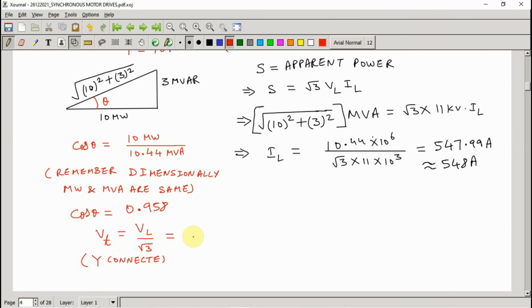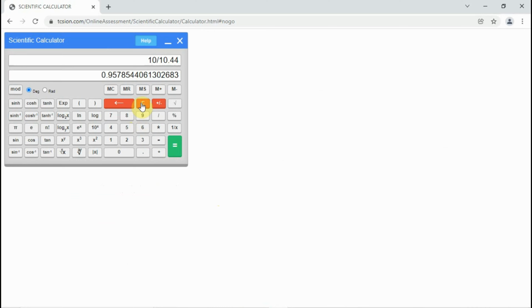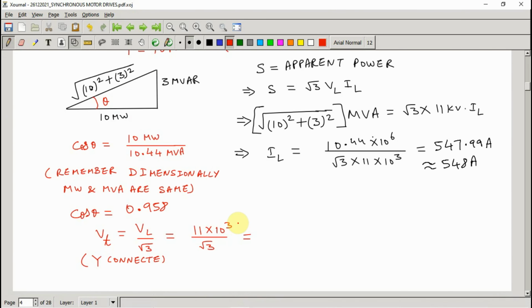So it will be 11 into 10 to the power 3 divided by root 3. So we have to divide 11 by 1.732, and it is coming as 6.35 kilovolt. That is your Vt.